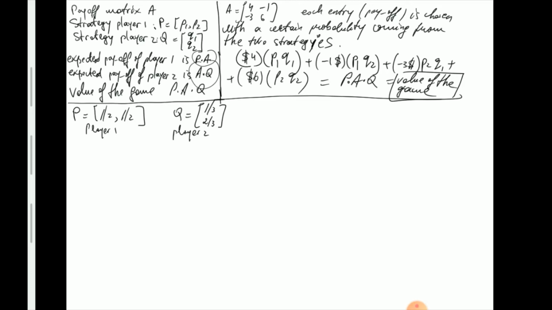And now let's just compute the expected payoffs for each strategy. For the expected payoff of player 1, that's going to be P times A. Here again, you have to make sure you compute the matrix multiplication correctly. And remember, that gives you 1 row, 2 columns.